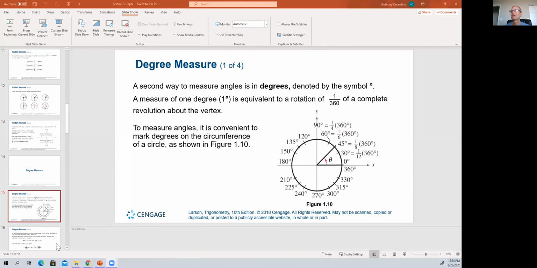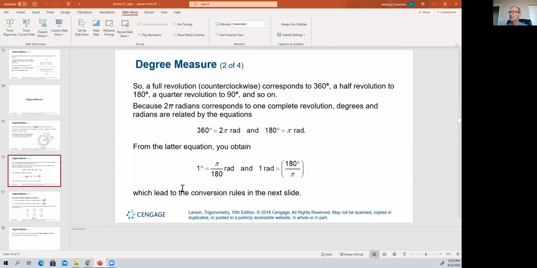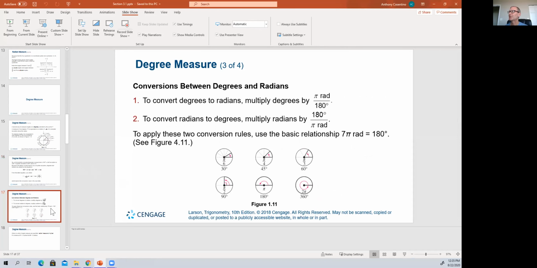Let me get back to the presentation there and move on to the idea that we just talked about. And so if you take a look at these conversion factors, you can see the relationship.